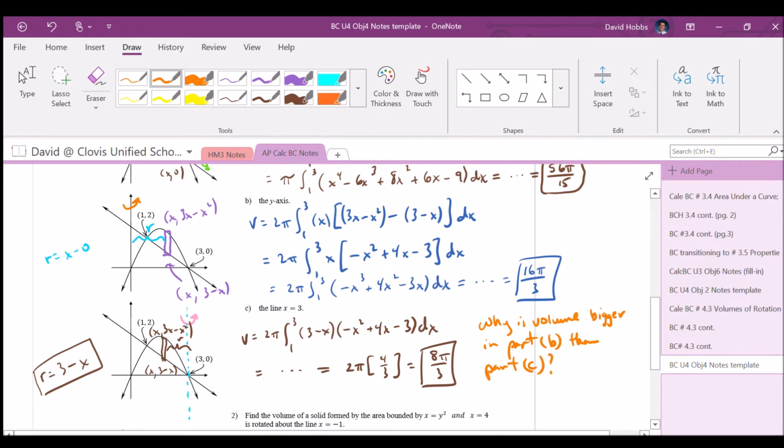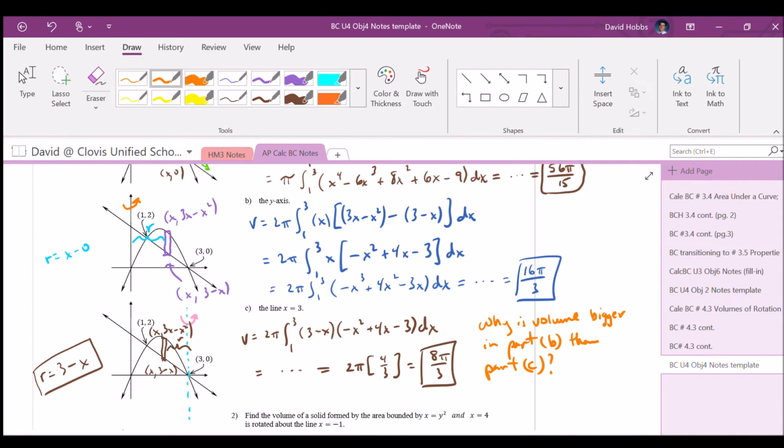Okay, now the reason why is because in part B, the region is further from the axis of rotation. So if you have the same size region and it's closer to the axis of rotation as opposed to another one where it's further from the axis of rotation, the one that's further will always generate a larger volume.